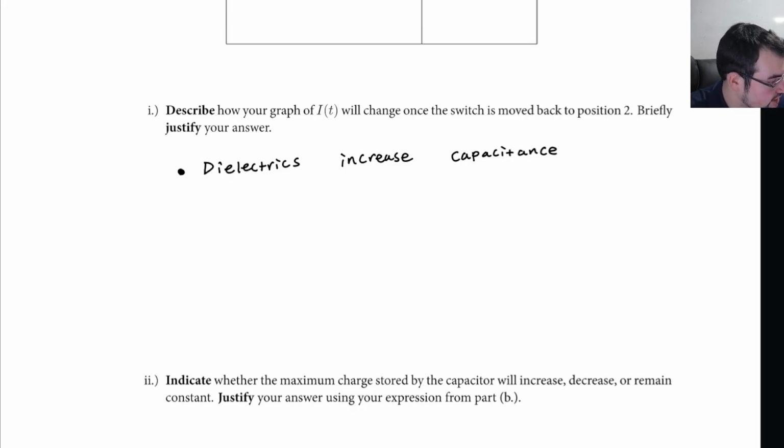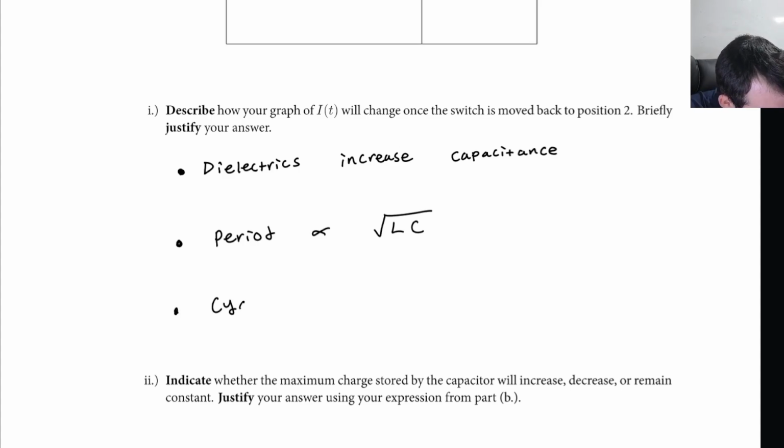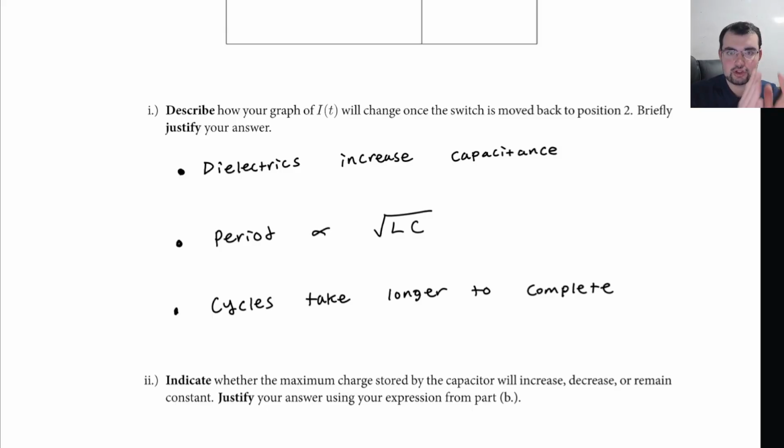So we know that C goes up. Cool. So what does that do? Well, we note that the period is proportional to the square root of LC. It's that, but with a factor of 2 pi in front, right? So this means that the cycles take longer to complete. So by increasing capacitance, the curve gets stretched out. So think about literally stretching that sine curve over a bigger spot.